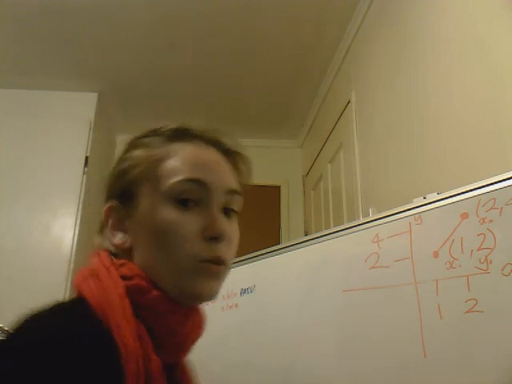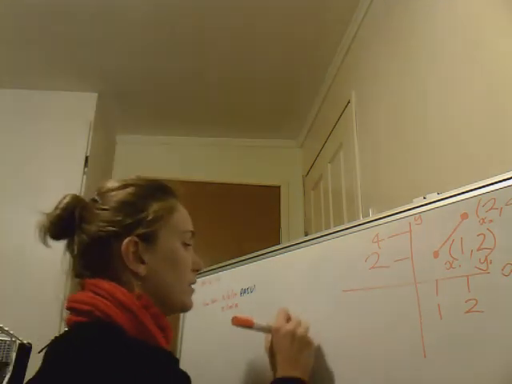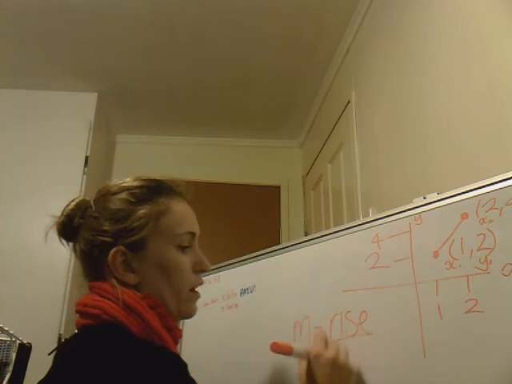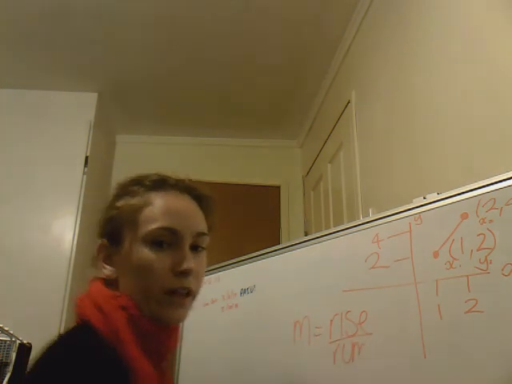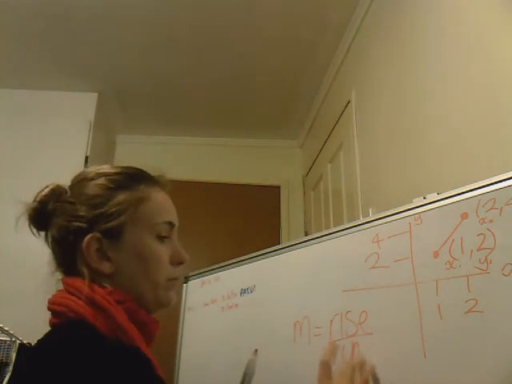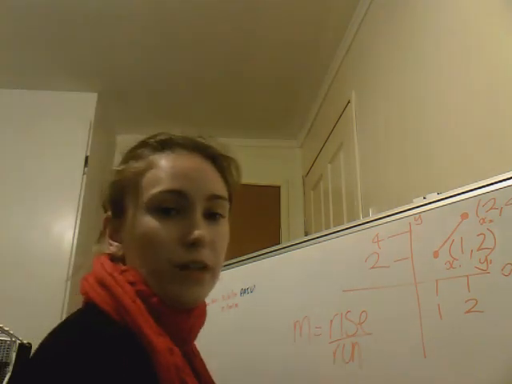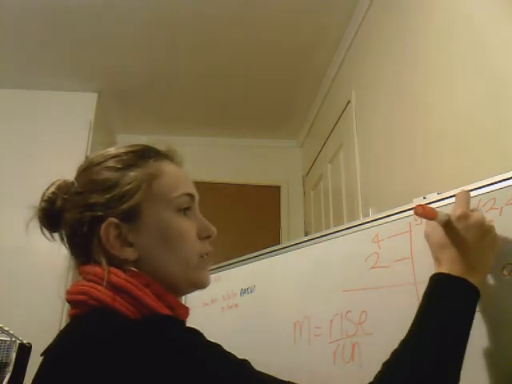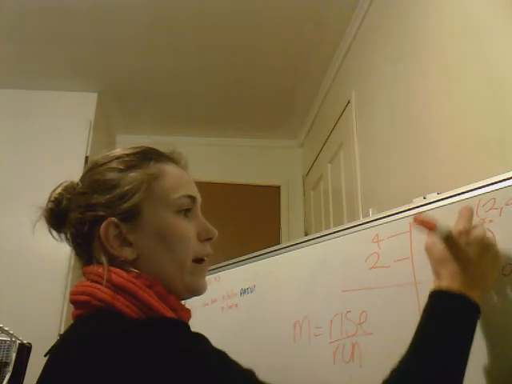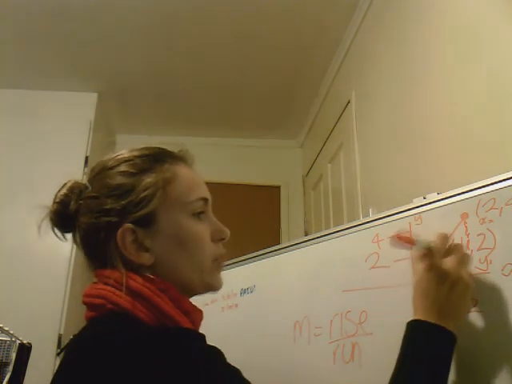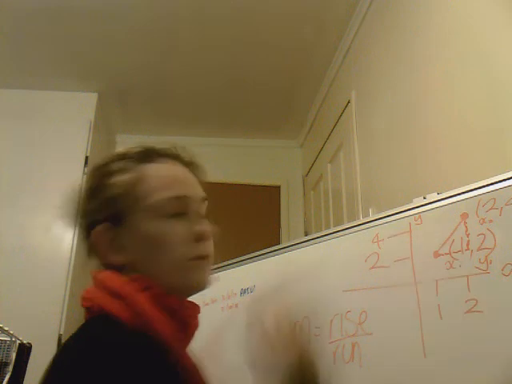What is our rule for gradient? Well, it's m equals rise over run. Rise over run. So what's the rise over run? Well, the rise is the change in our y value, and our run is the change in our x value.